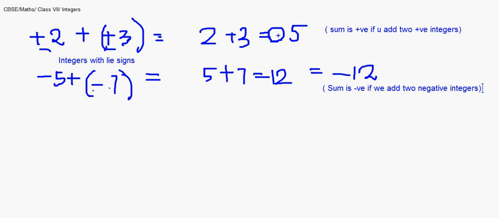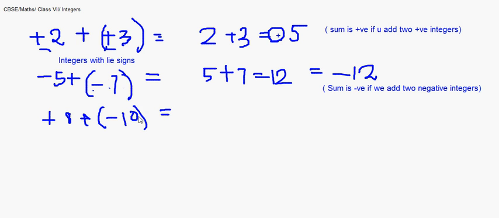Now what happens if you have two unlike signs? Let me write an example: plus 8 is asked to be added to a negative of something, maybe 10. In that case, what do we do? Find the difference of their absolute values. The absolute value of 8 is 8, and the absolute value of minus 10 is 10.